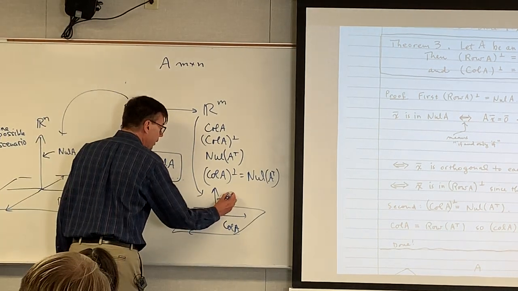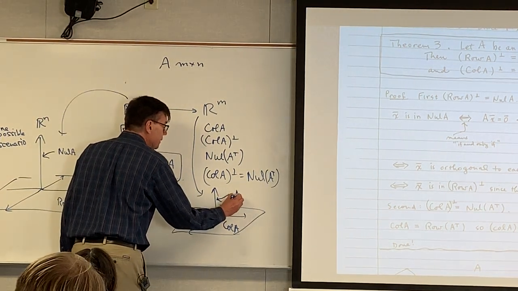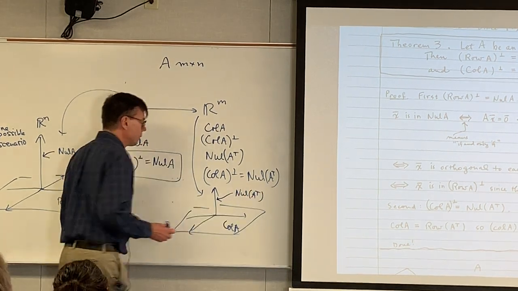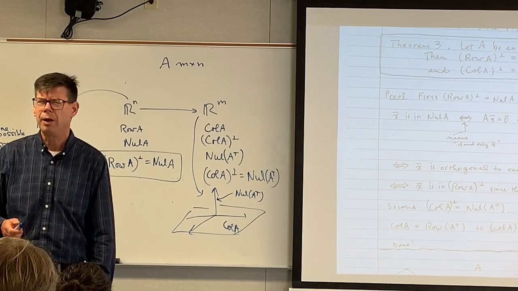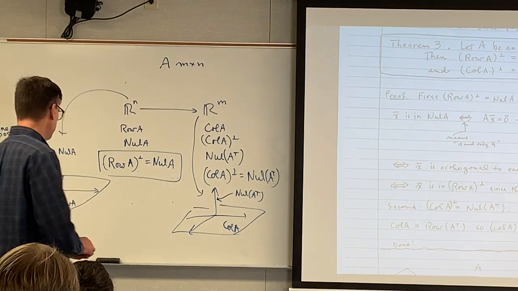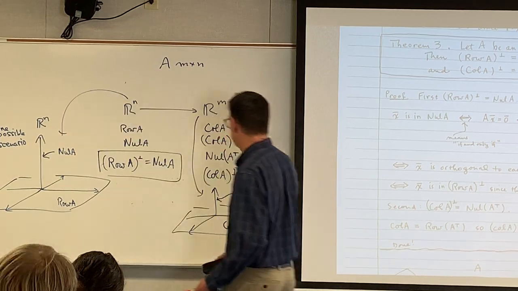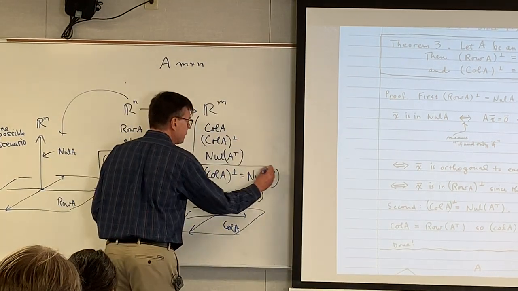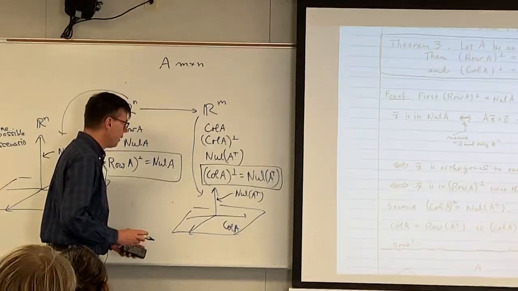The perp to it is the null space of A transpose. That, to me, is like, what? That'll take a few days for me to sort through. Let's put a box around this, since that's the second component of the theorem.